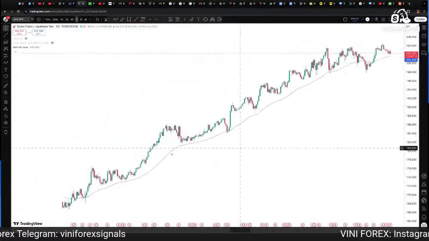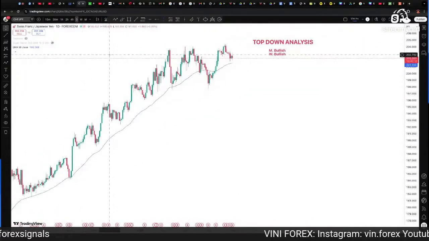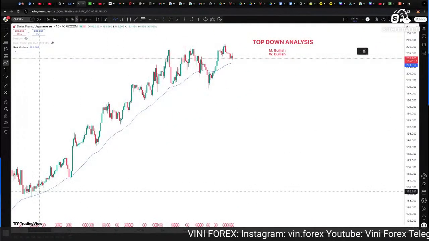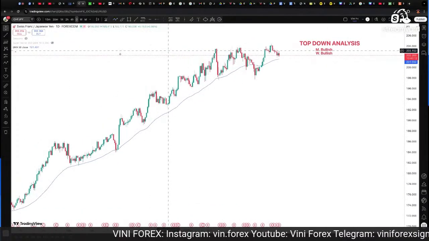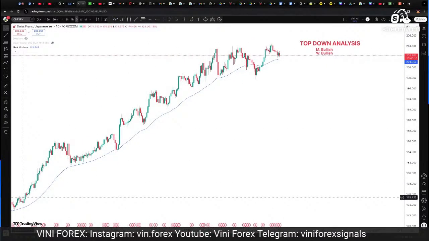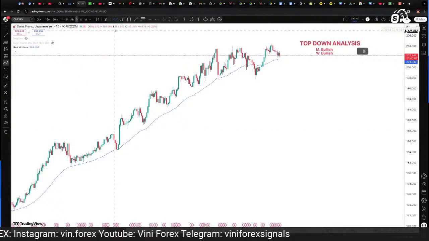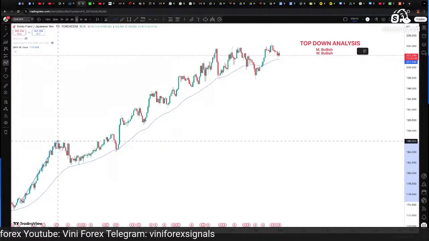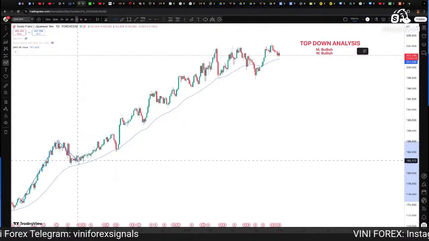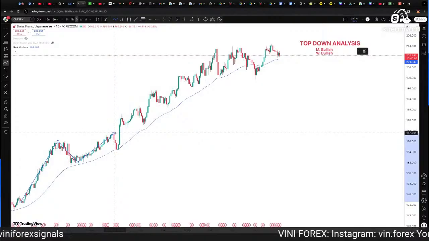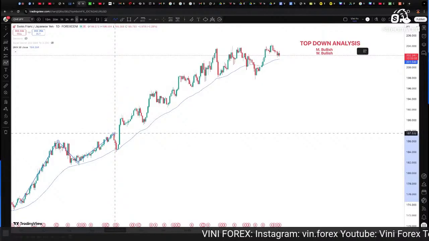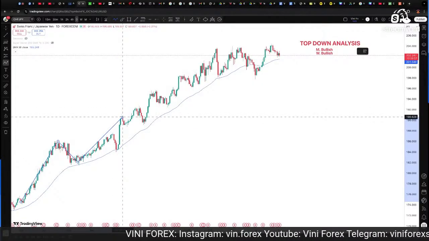Looking at the daily, it is also making an uptrending market pattern. It comes up here, gives us a high, gives us a low, and still gives us a high here. You can count that if you want, or you can jump it this way.